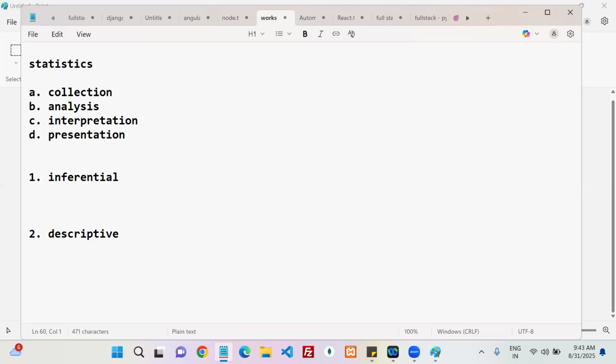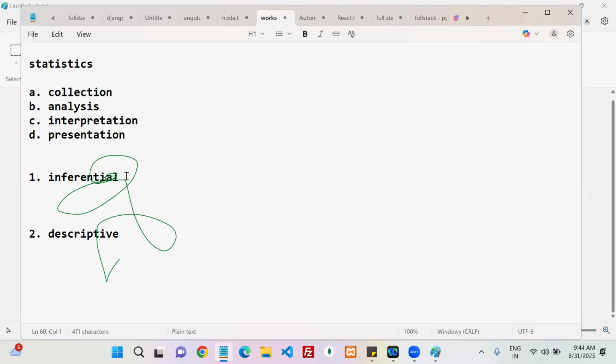That kind of analysis comes under inferential statistics. Understood or not? Wherever the data is huge, it is not possible to collect each and every data point.